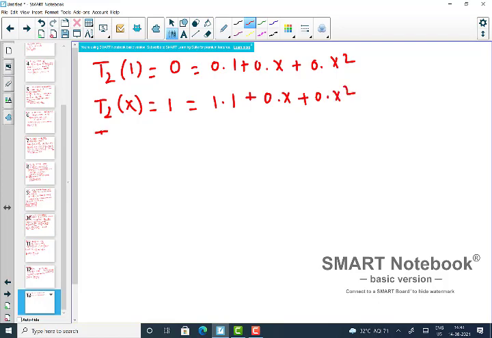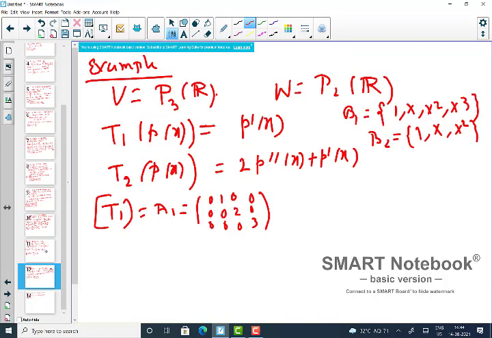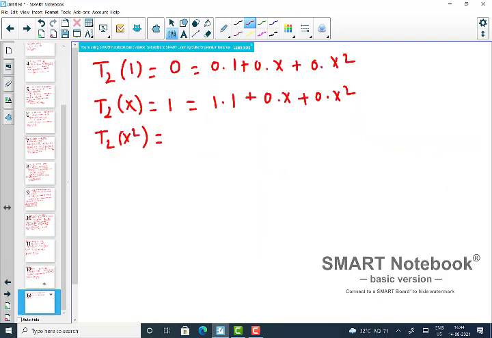What happened with x square? The double derivative is 2, so 2 times 2 is 4. The first derivative term gives 2x. That is nothing but 4 times 1 plus 2 times x plus 0 times x square, right?